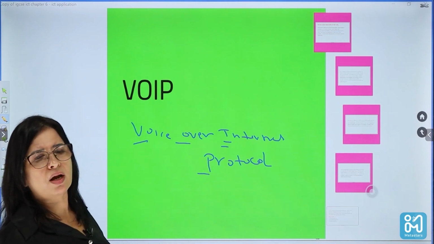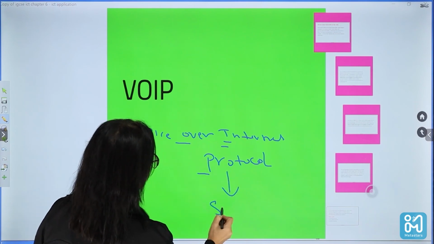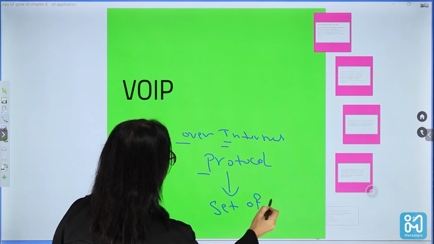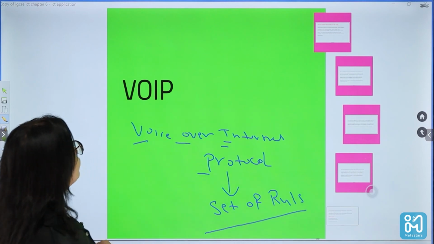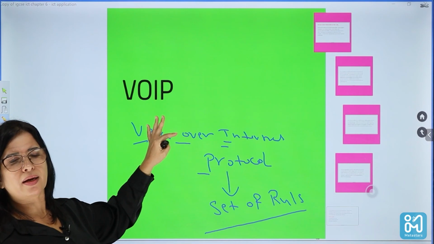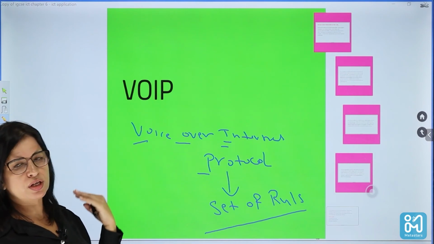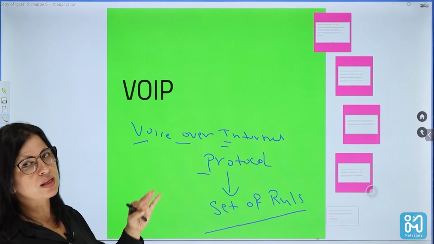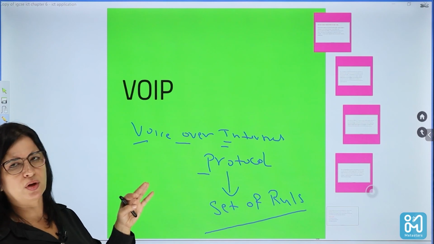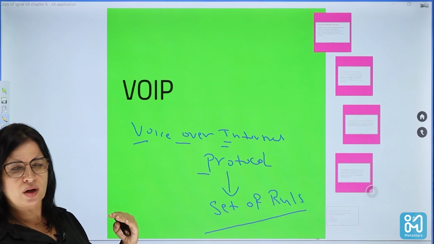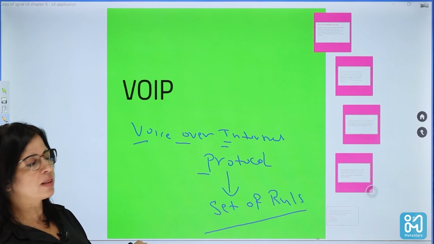This is a protocol, which means a set of rules. Using these protocols, I can make a phone call using the internet connection, not using the mobile communication network. There is no need for the mobile network; I can use the internet by itself to make the phone call.